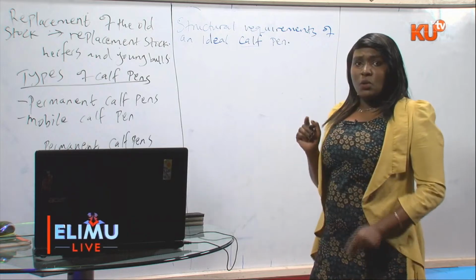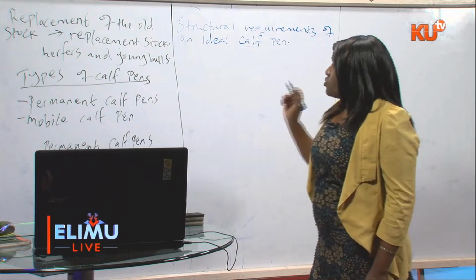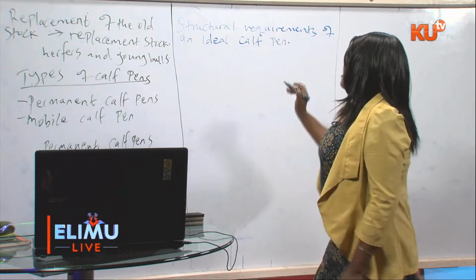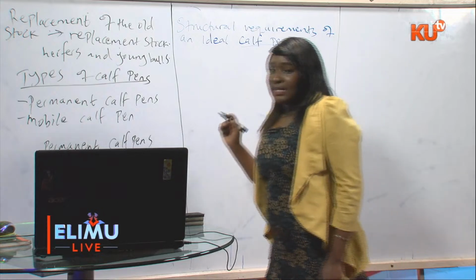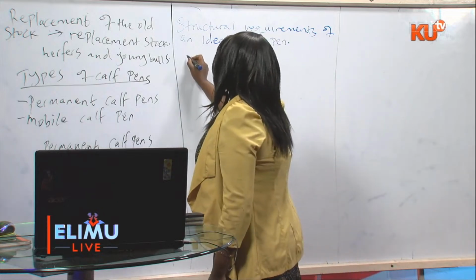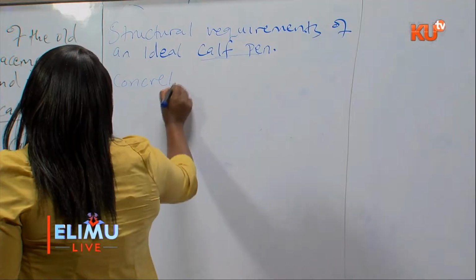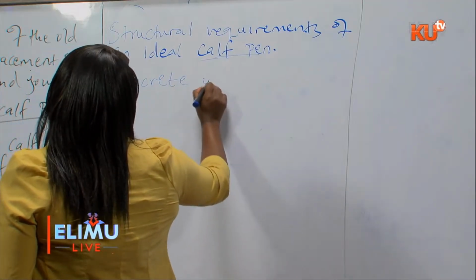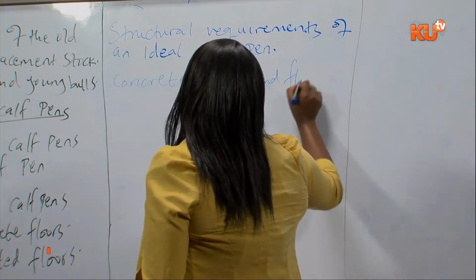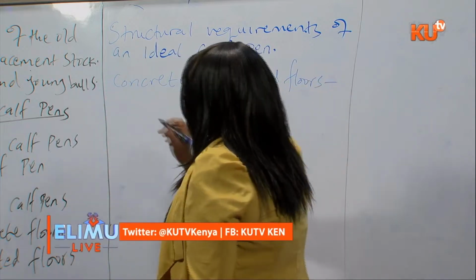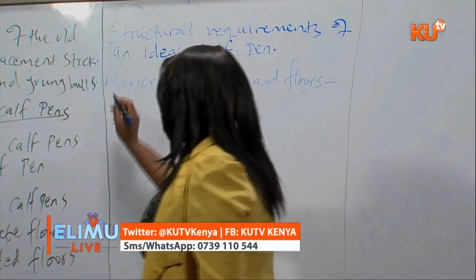The first thing that we look at when you're constructing your calf pen is to ensure that this calf pen has concrete walls and floors. That is number one.